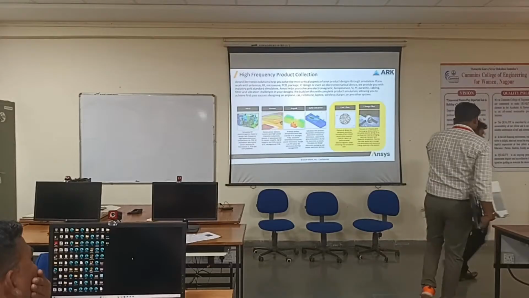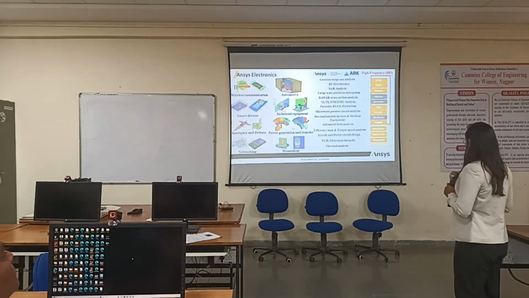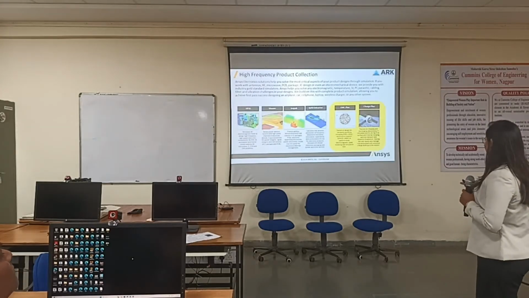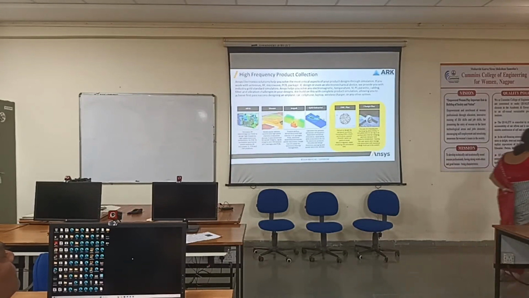Whenever such environmental conditions change, it should go to the discharging path, and that's how it is able to save the internal PCB structure. That's why Charge Plus is very useful. We mainly use this in aerospace and defense applications where radar or aircraft-related work is there. That time this tool is very important.